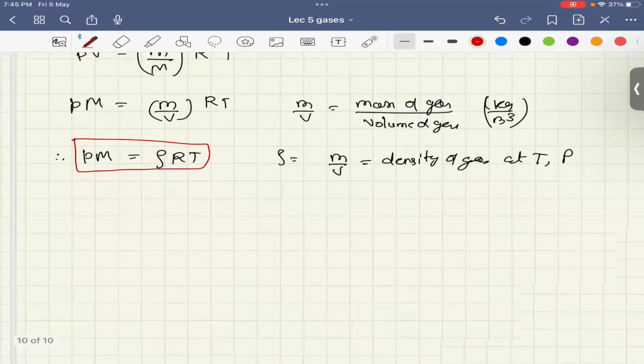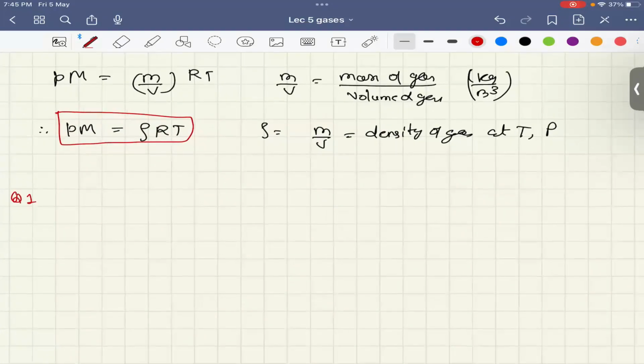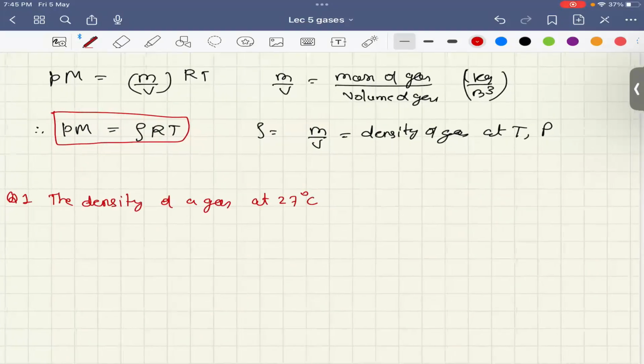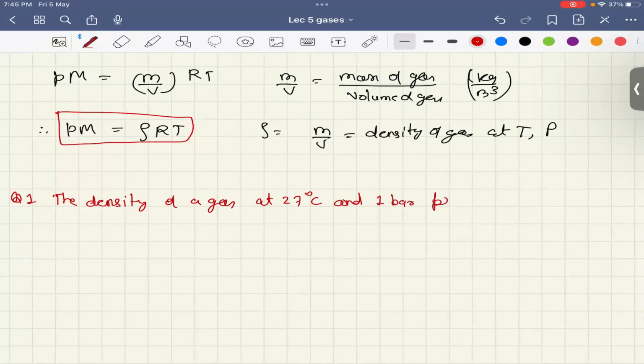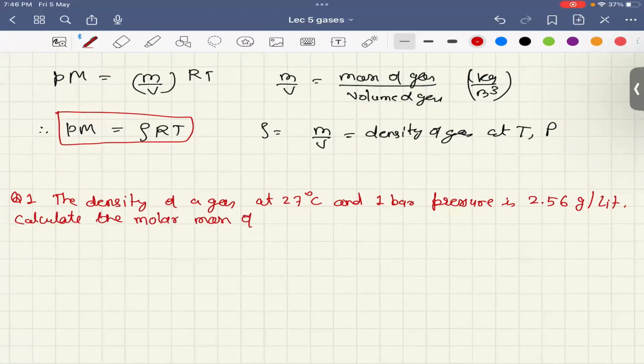Let's solve an example. The density of a gas at 27 degrees centigrade and 1 bar pressure is 2.56 grams per liter. What we have to do is calculate the molar mass of the gas.